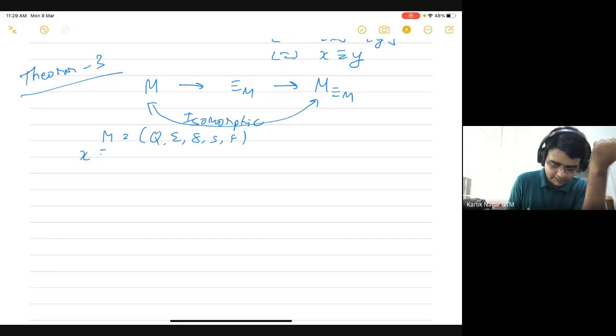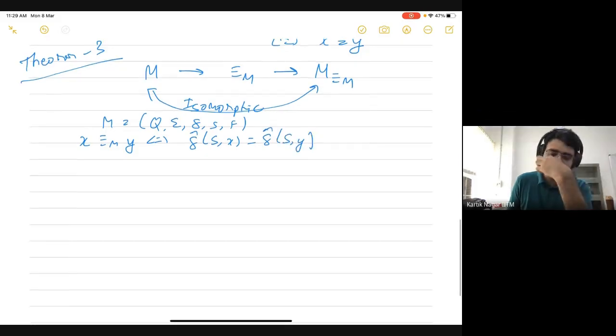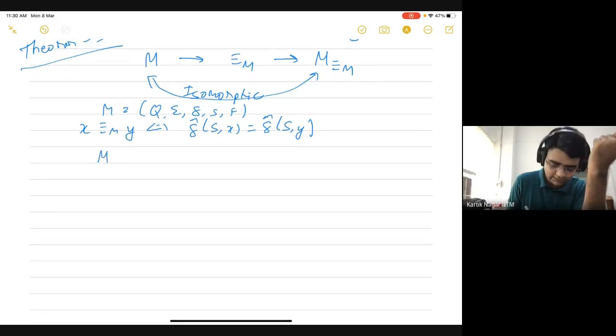We say that X is related to Y if and only if delta hat of S comma X is equal to delta hat of S comma Y. Based on this relation, we construct this new DFA.